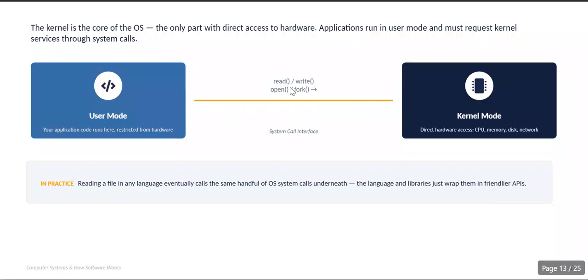That system call routes everything to the kernel mode. So the kernel right here directs hardware access. It communicates with the CPU, memory, and disk to execute what the user mode has requested through the system call layer.